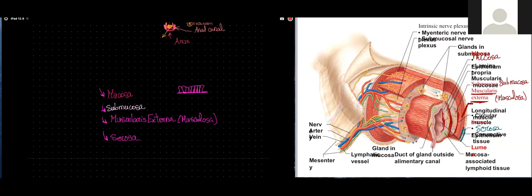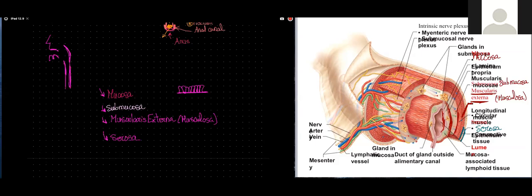But if you remember, the parts that are directly exposed to the outside need a greater protection. So what are the parts that will be directly connected to the outside? Those are going to be the oral cavity, pharynx, and the esophagus.